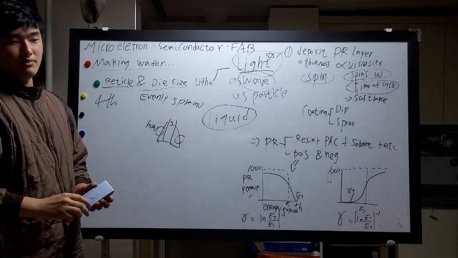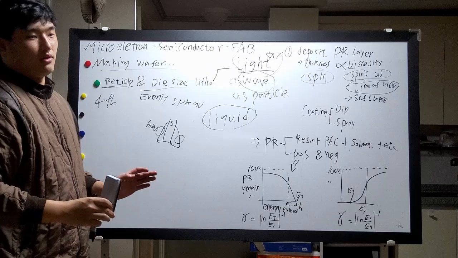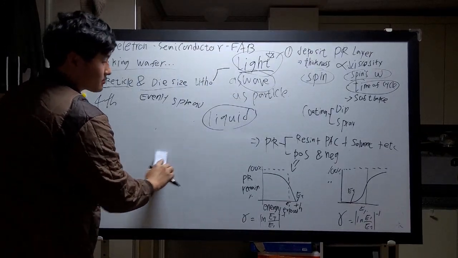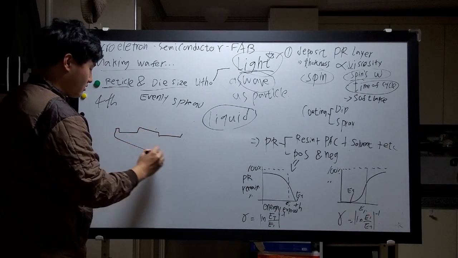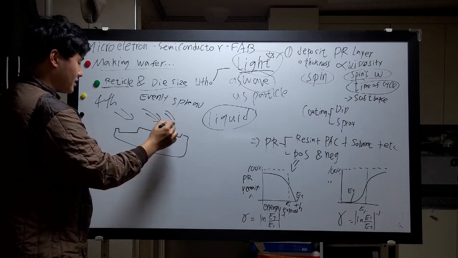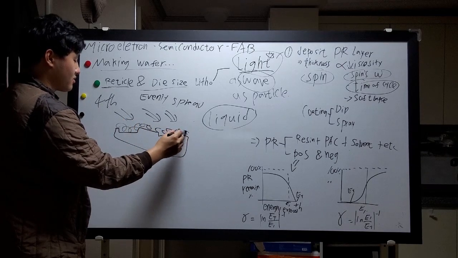So this is how we make the dipping method of the PR. And secondly, spraying. Spraying is very easy. Just let the particles of the PR fall on, then it will be evenly attached to the surface.